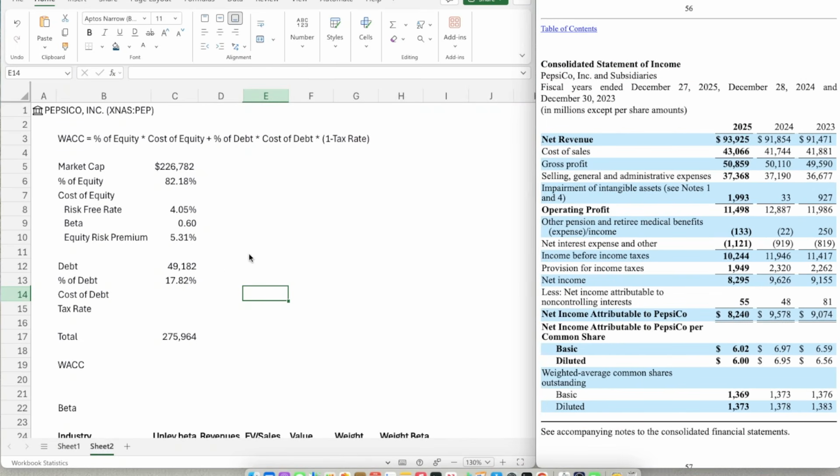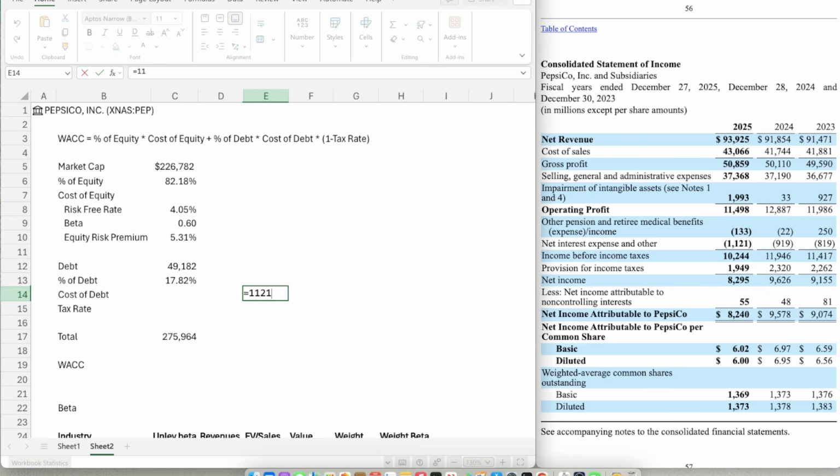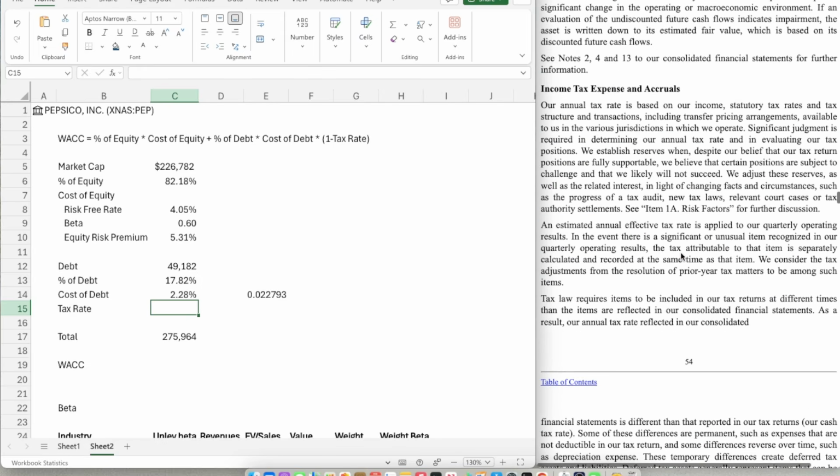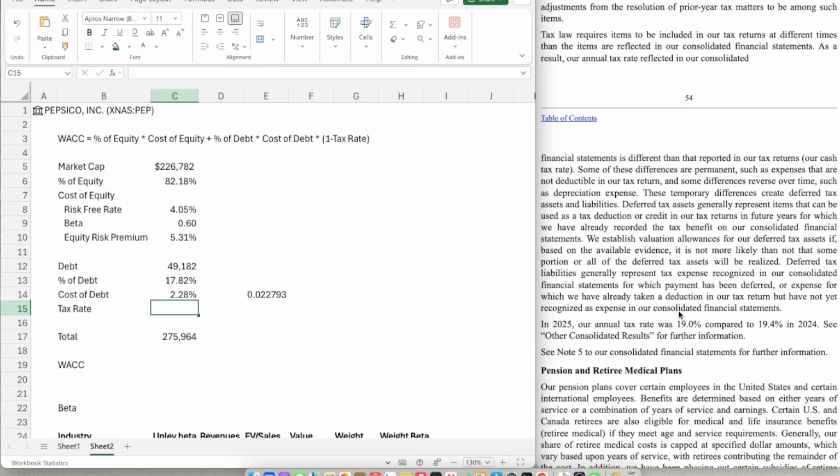So 1121, and we divide by the debt. We get 2.2793%. Then the tax rate, actually just went past it, come up a bit. So 19%.